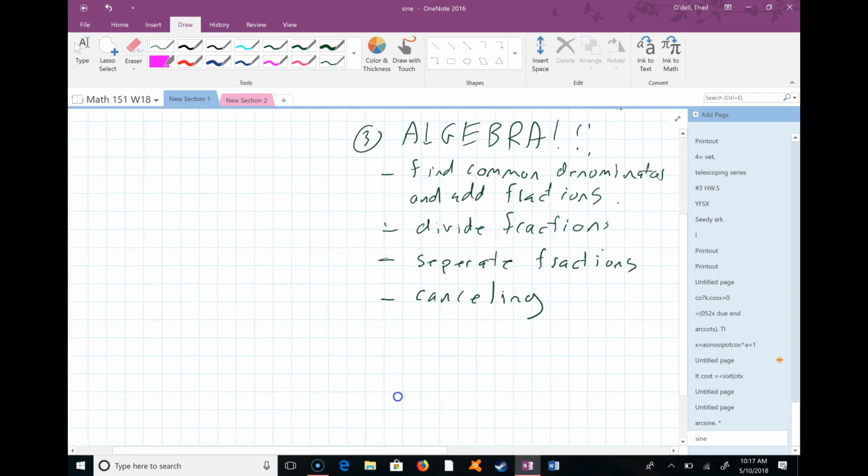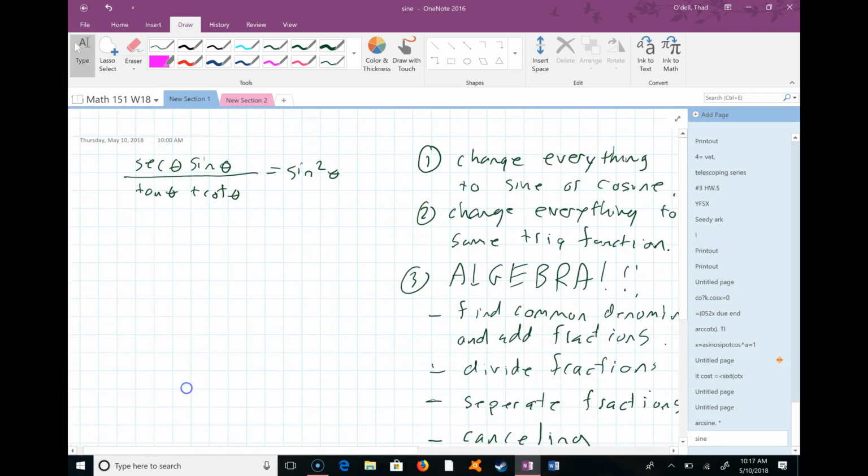All right, so let's scroll back over here. And just to be abundant, I think I did this one in class yesterday, but I'm going to do it again. And I'm going to do it a different way. So I notice here that secant is 1 over cosine, right?